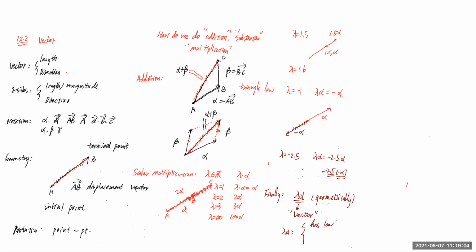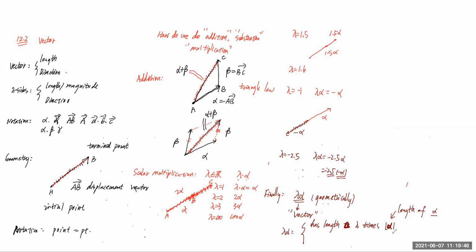It has length, the absolute value of lambda times the length of alpha. This means the length of the alpha vector. Sometimes people use the double line, it's the same. There's no rule, use a double or just one.